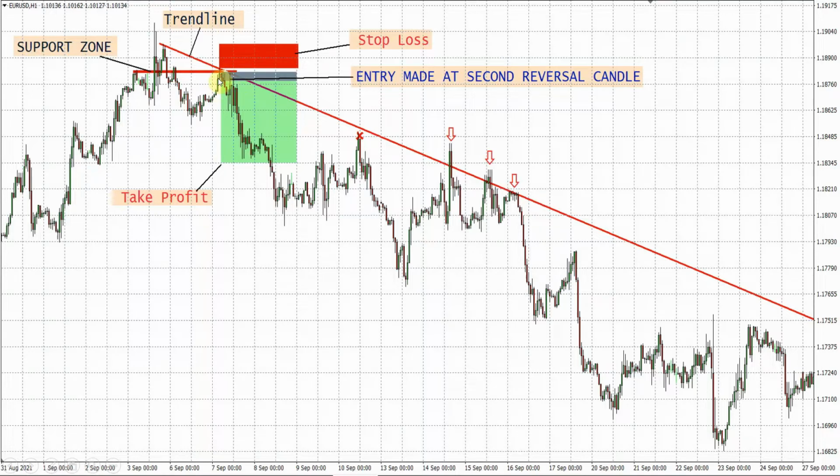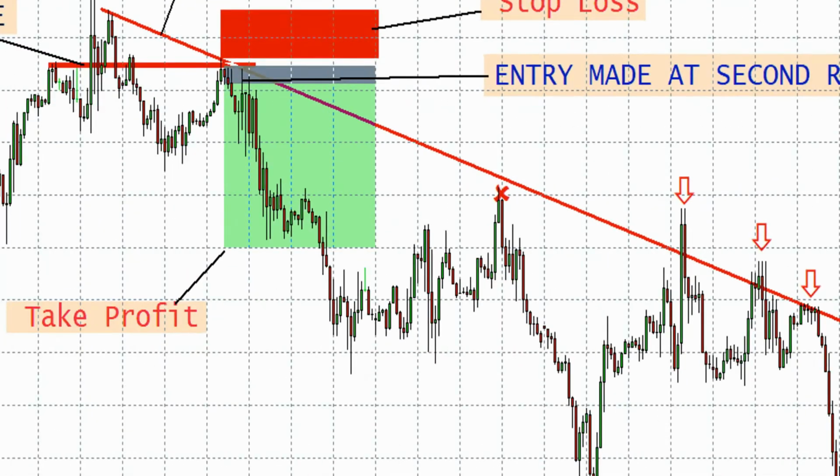If I zoom in on this, you can see we have a retest here and another retest here on the same trendline, another one here. All these retests are quite important, and that's where we take our entry. So we have the trendline being tested once, twice, before making our entry on the third retest. That's super important.